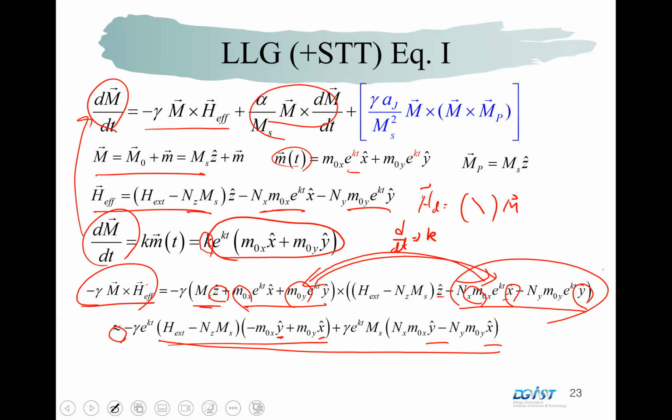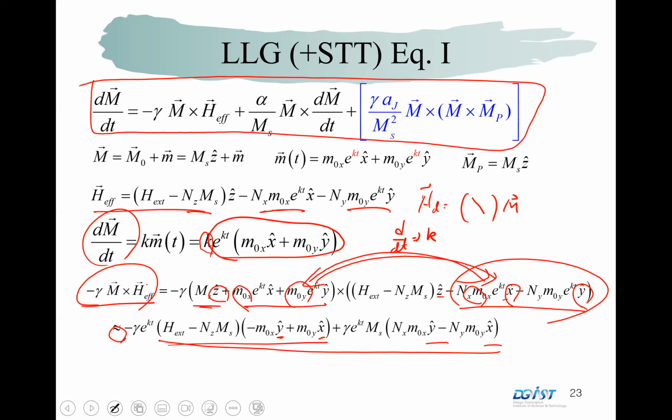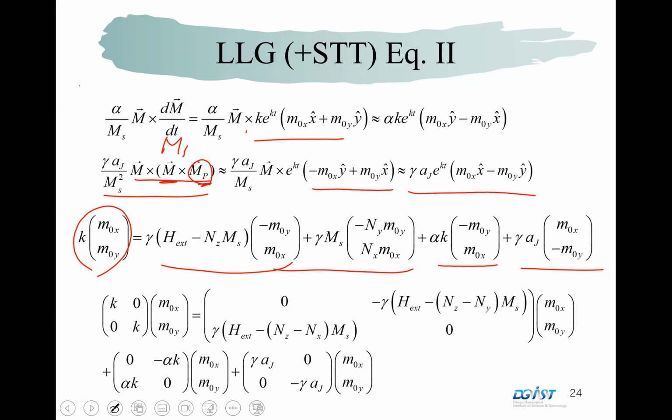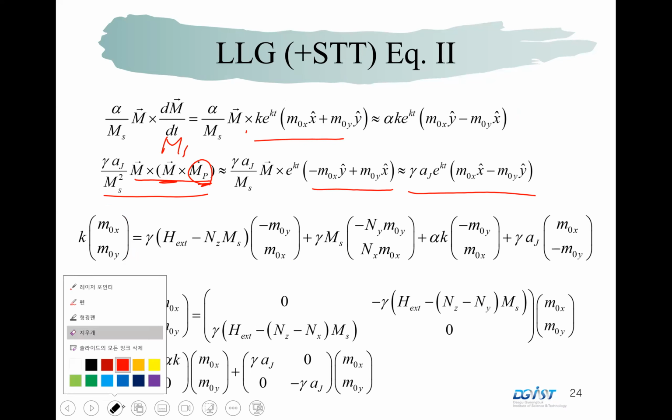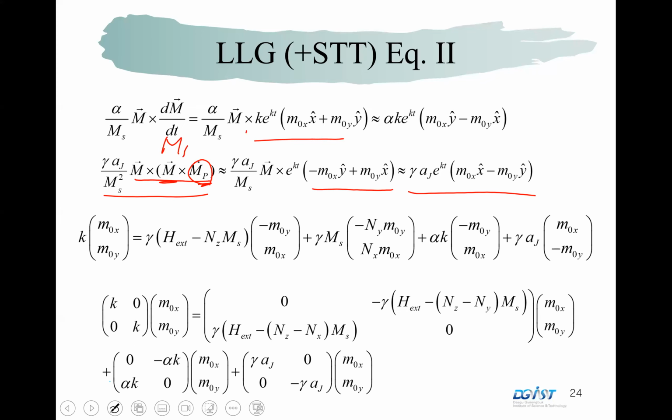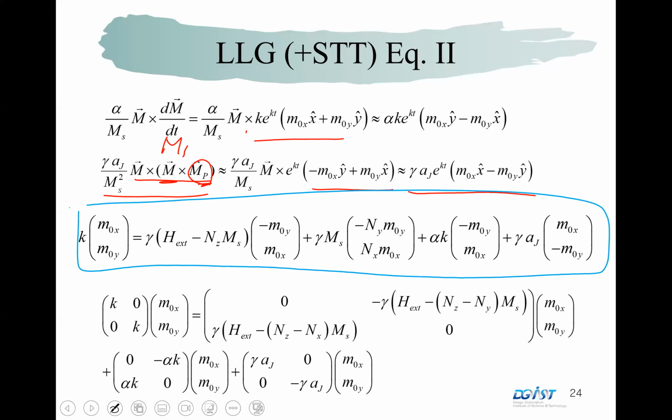So the LLG equation can now be written down with this linear differential equation. It looks complicated, but please remember that we already know everything except the small m and k.